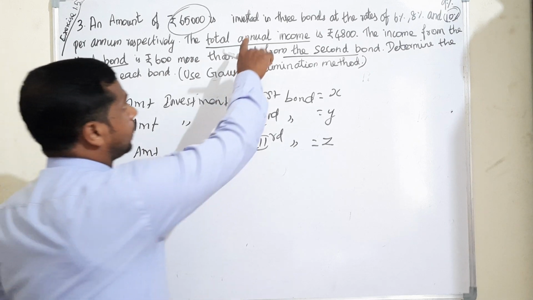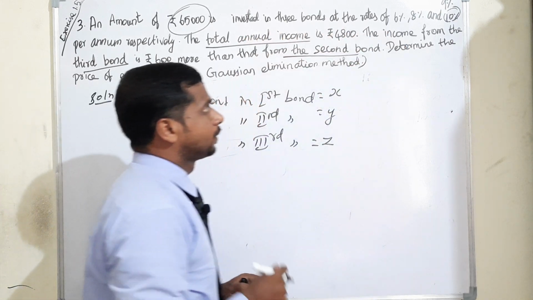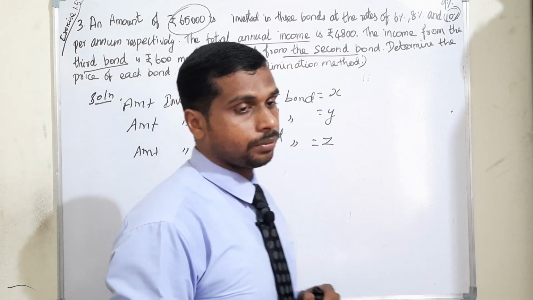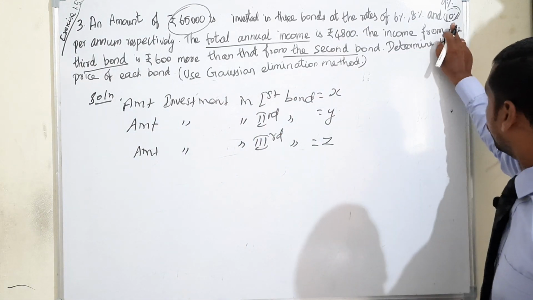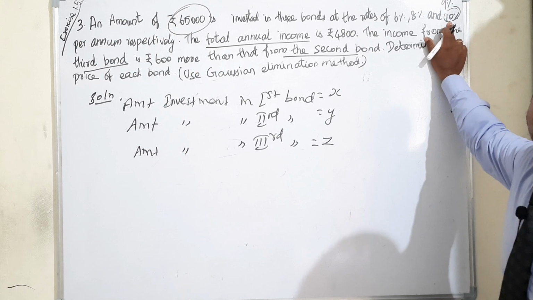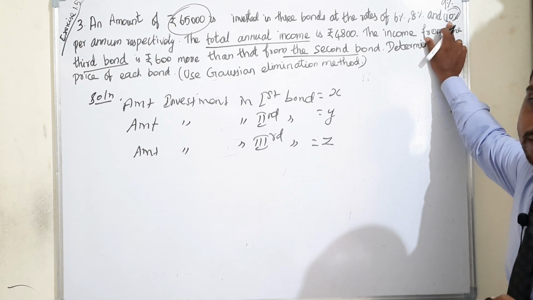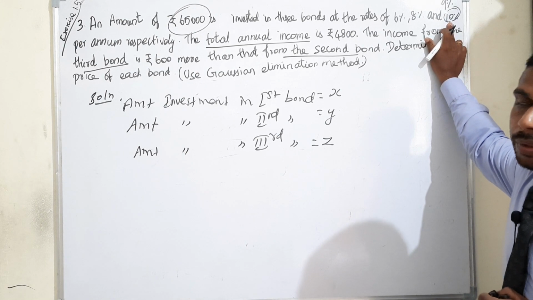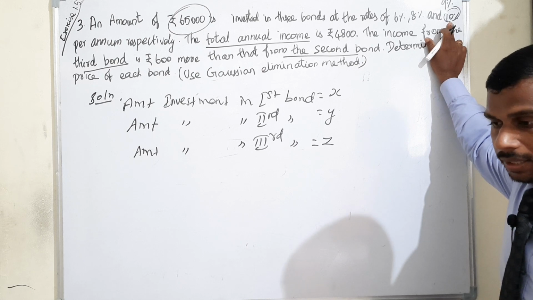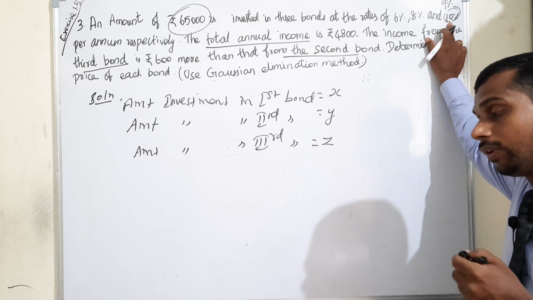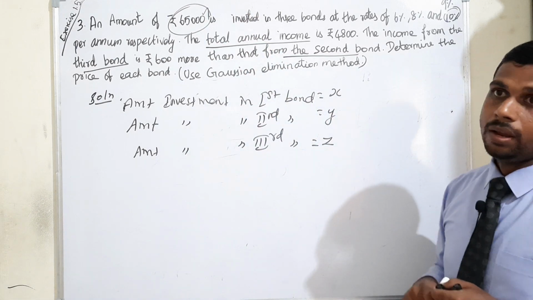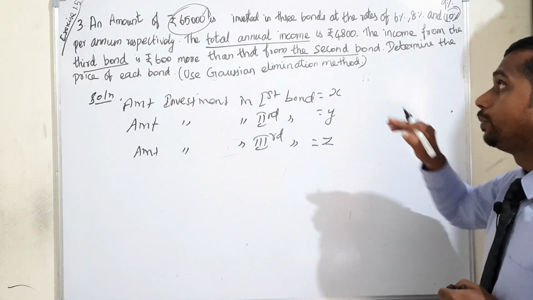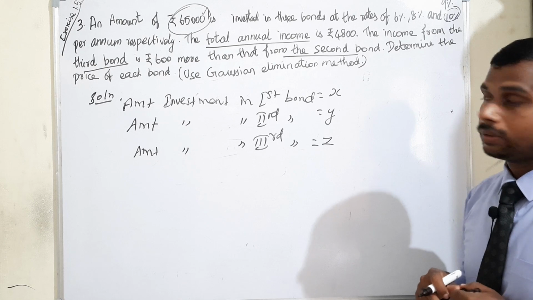So now, investing in 3 bonds, they are given 6%, 8%, and in your book it is clearly given 10%. But if you do it with 10%, the answer won't come, you will get a decimal point number, okay? Because the final result after getting X, Y and Z, when the bonds are added, it should definitely give 65,000. But if you use 10%, you won't get 65,000.